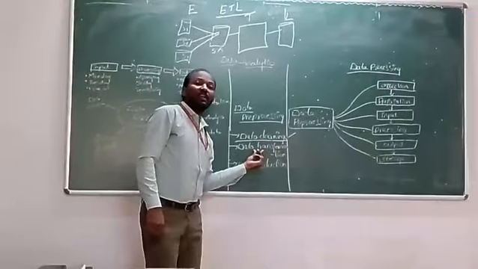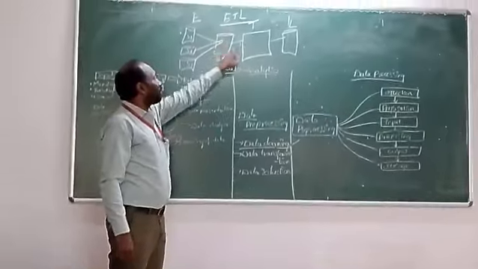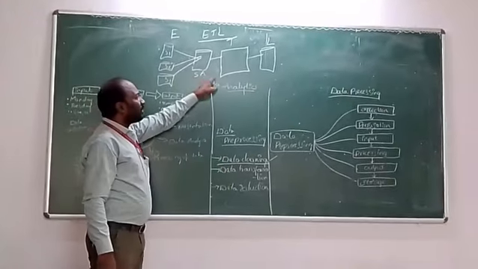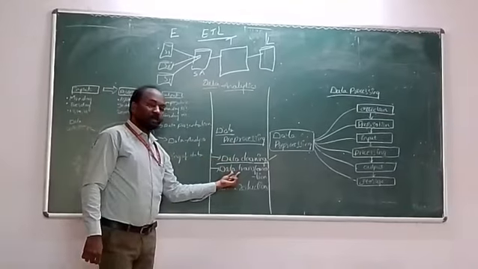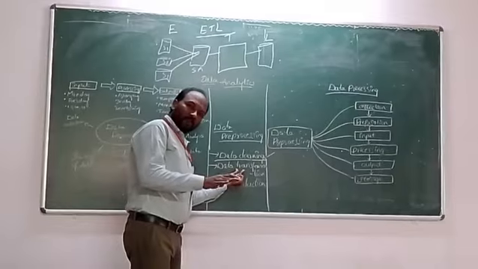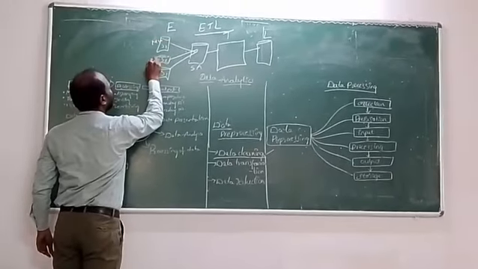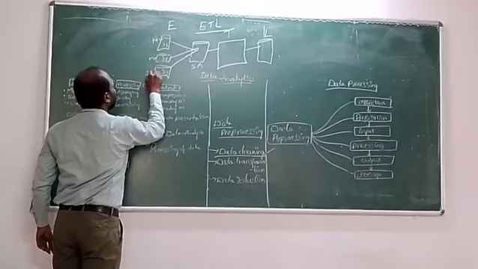The next one is data transformation. Data transformation is nothing but what we discussed in the ETL process: one format to another format, the data will be transferred. For example, here they are using MS Word, here they are using MS Excel, here they are using SQL data.